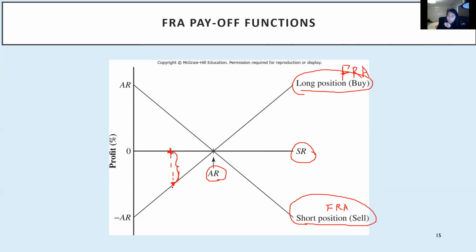And because the buyer pays the seller, this is going to be a loss to the buyer, okay? Does that make sense? So the buyer experiences a cash outflow, okay? When SR is lower than AR.